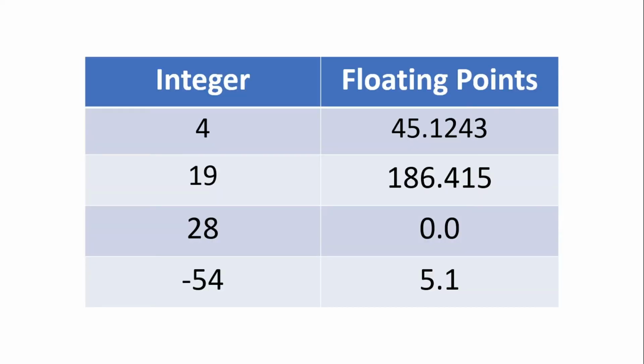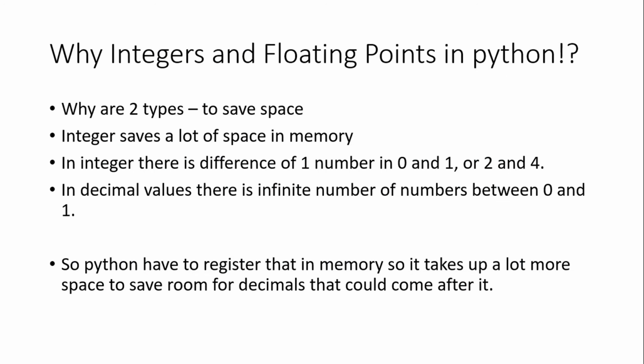Okay, so on the left side it's integers and on the right side floating points. An integer is a whole number, whereas a floating point is a decimal number. Why are they different? It's to save space. Integers save a lot of space because there is only a whole-number difference between 0 and 1 or 2 or 4.